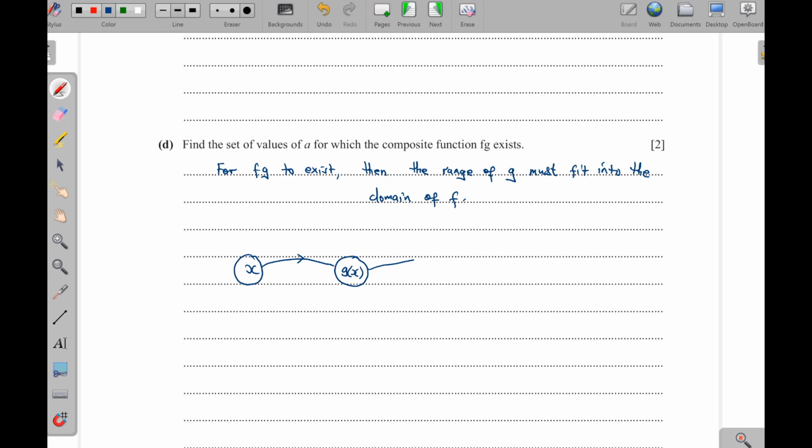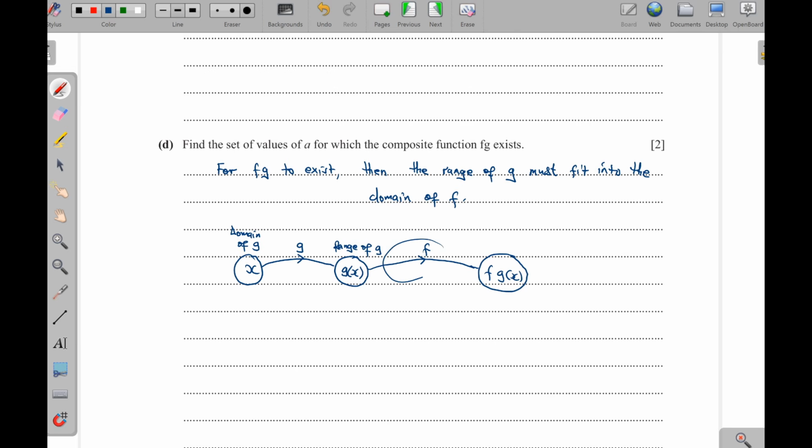Then f acts on the result, okay? Then we have f g of x. But remember, a set of input values for the function, that is its domain. So this one is going to be the domain of g, because these values are put in what? In g. Then what we are getting here out is the range of g, okay?